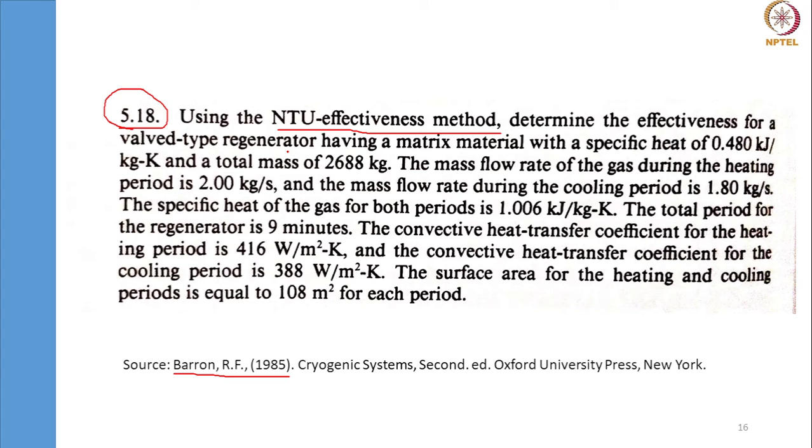It is similar to problem 1. First, we are going to find the minimum heat capacity fluid, then NTU, then matrix heat capacity ratio, effective NTU, effective matrix heat capacity ratio, going back to the table and finding the apparent effectiveness, not the actual effectiveness, finding parameter x and then plugging the value into the effectiveness.